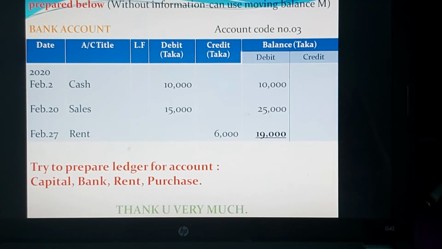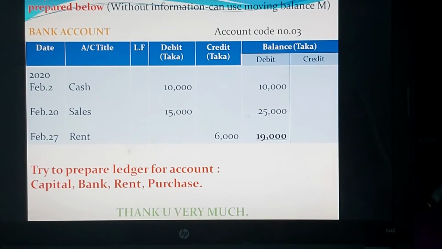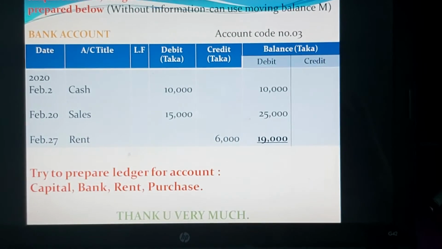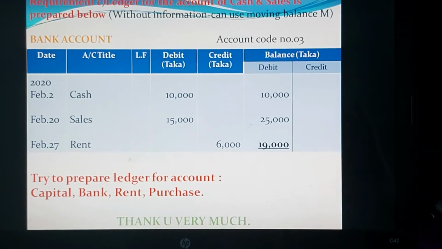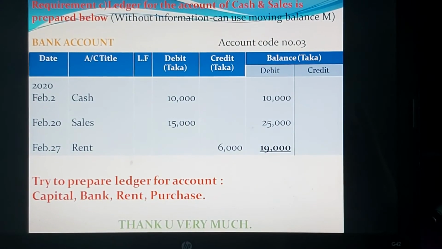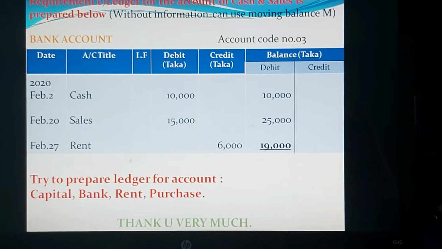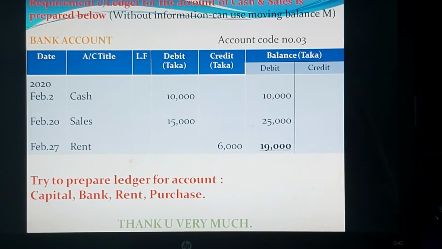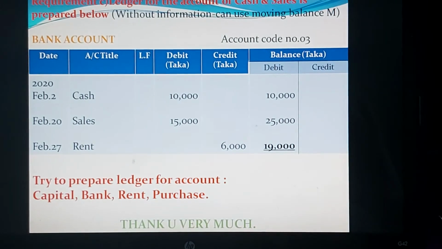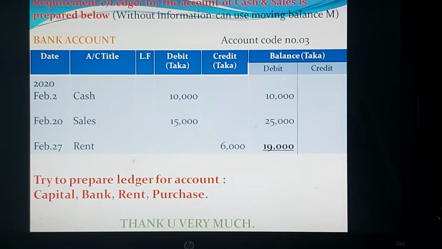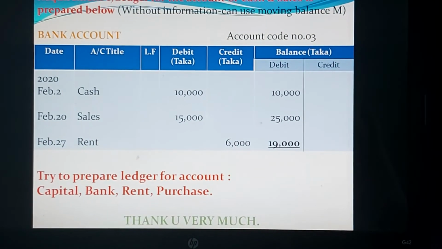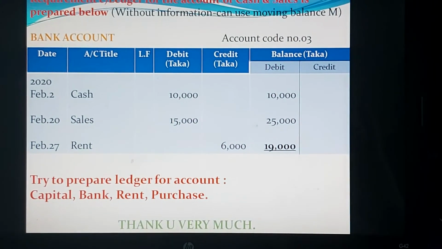Another one, February 20. Bank account debit, sales account credit. In this transaction, the opposite account of bank is sales. So in the account title column, you have to write the sales account. Bank debit 15,000. Now this is the posting amount of debit 15,000.